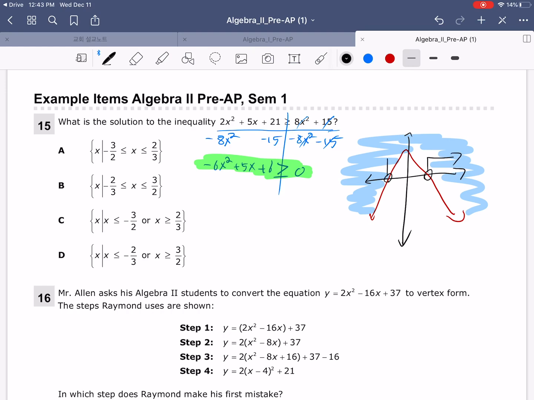So my answer is going to be either C or D, not A and B. I do not know what these points are. So it's going to be x is less than or equal to this point, and x is greater than or equal to this point. This one, okay? The other one. Yeah, this point.